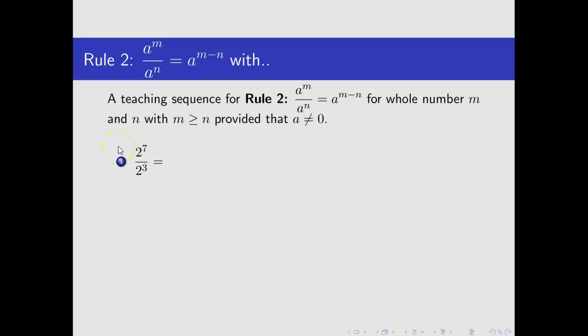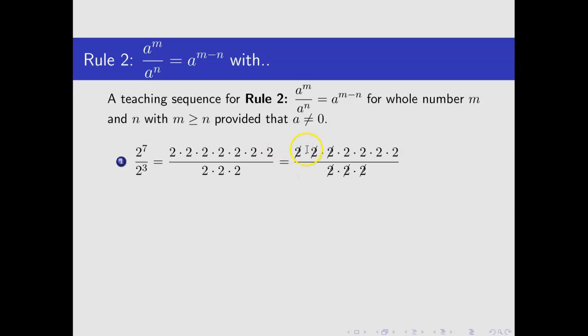So we're going to start with a concrete example, 2 to the 7th over 2 to the 3rd. So again, starting very concrete, just with working with numbers. So 2 to the 7th in the numerator, that's going to be 2 times 2 times 2 times 2 times 2 times 2 times 2, 7 times, divided by 2 times 2 times 2, 3 times. And then what we're going to notice is that we can cancel the 2's that are in common in the numerator and denominator.